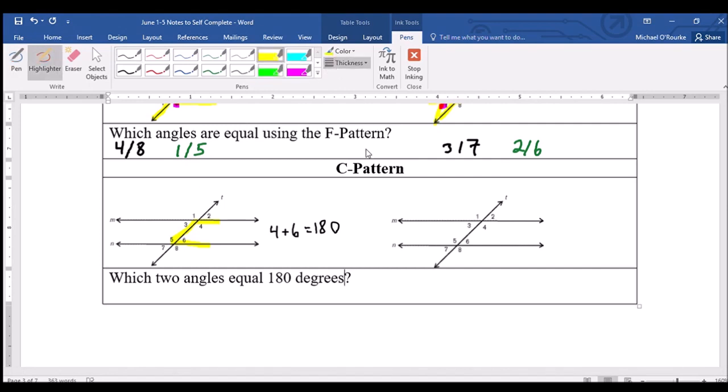Or I could make it go backwards here. So let's mark them both. So I could do this one or this one. So I'm making a C. But I could also go backwards. And I can make a backwards C that looks like this on both of them. The key here is the parallel lines are the main parts of your shape, of your letter.